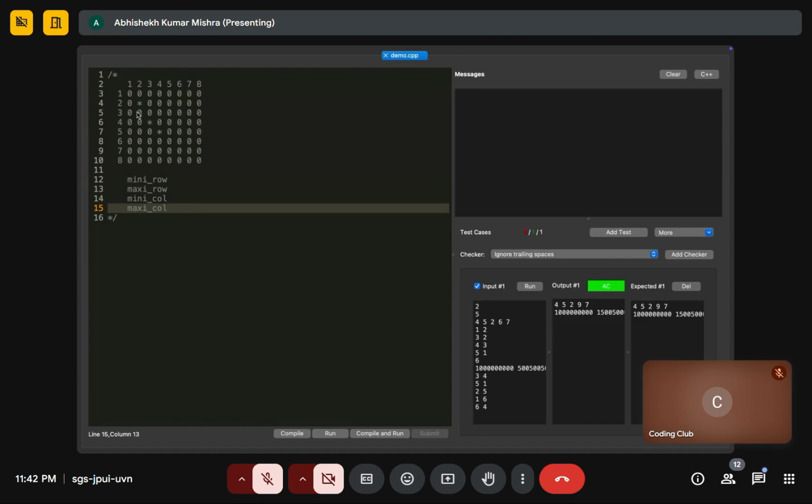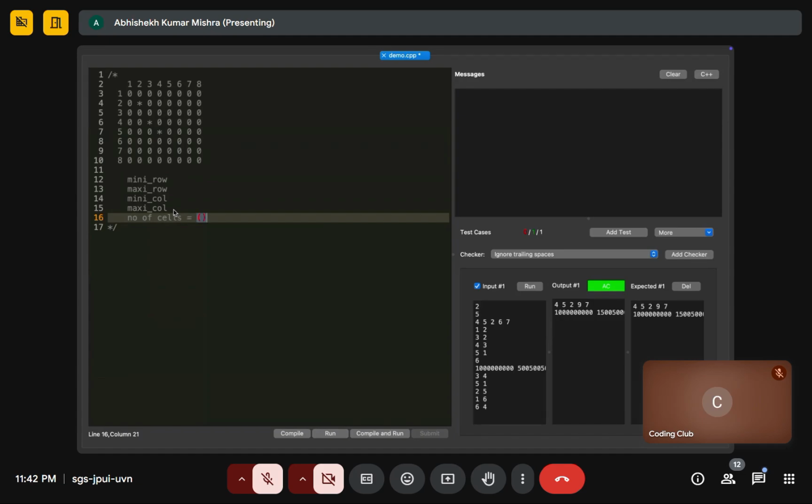So we will keep this monster out, and in the remaining monsters' coordinates, we will find the minimum row, minimum column and maximum column, and the number of cells will come out.